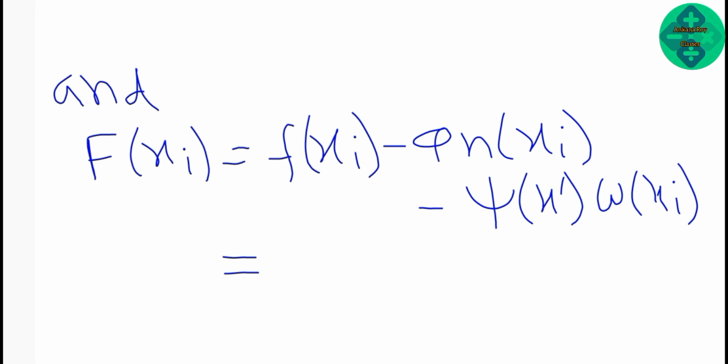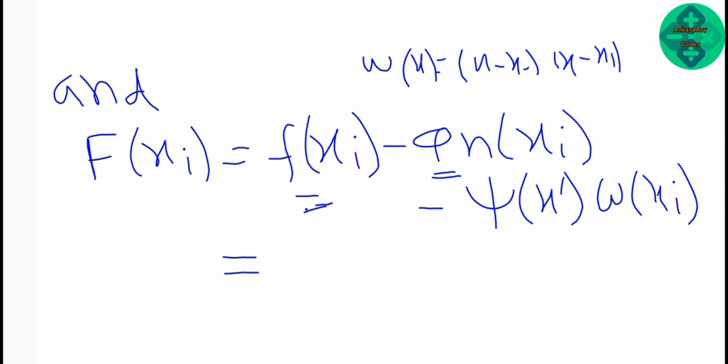Now, we know that from 1, f(xi) is equal to phi_n(xi) for all i equal to 0, 1, 2 up to n. And omega(x) is equal to (x minus x0)(x minus x1) up to (x minus xn).